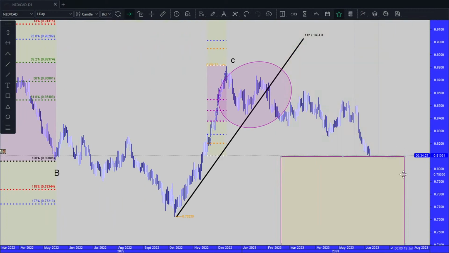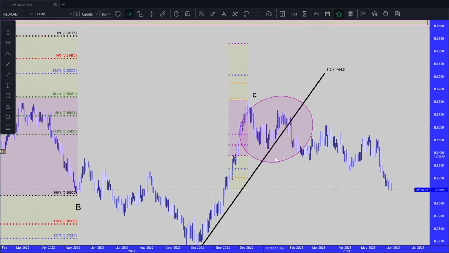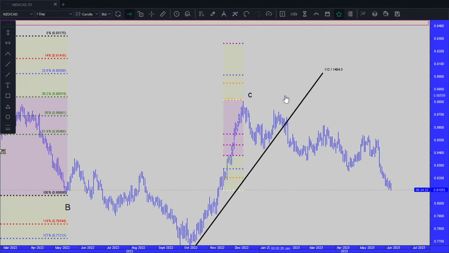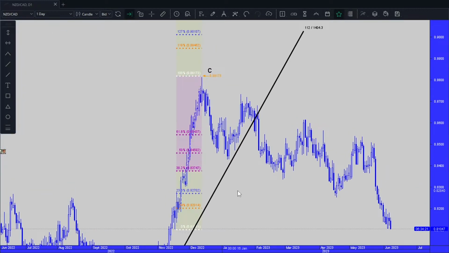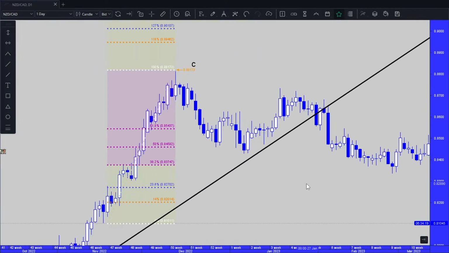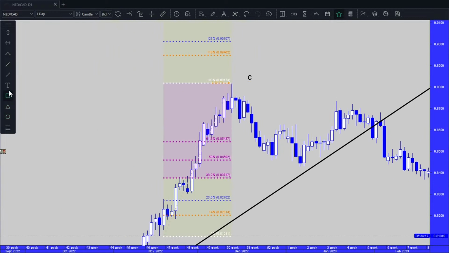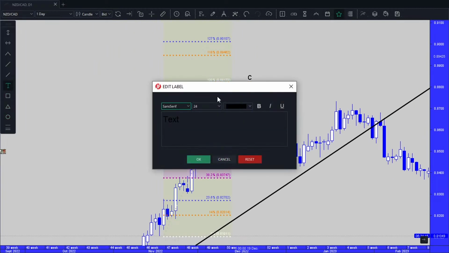Remember how to chart correctly the Fibonacci of the confirmation. We start from the C. This is the rule. Alright? And one more time, it's going to be green because it goes in the same direction. It's going to be sub A, right?